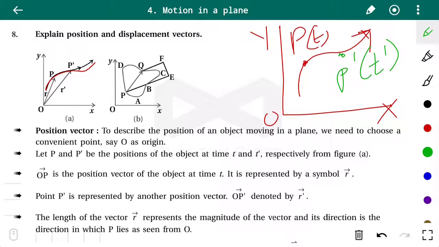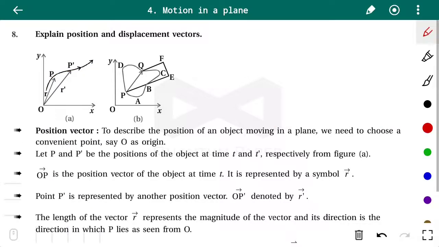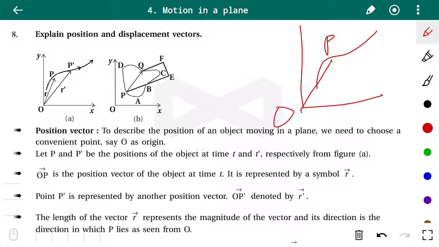So the position of the object at time t with reference to this O, let us join this line from this point P to origin O, and let us give it the symbol R. And for P dash, let us join this line up to O and let its position vector be R dash.